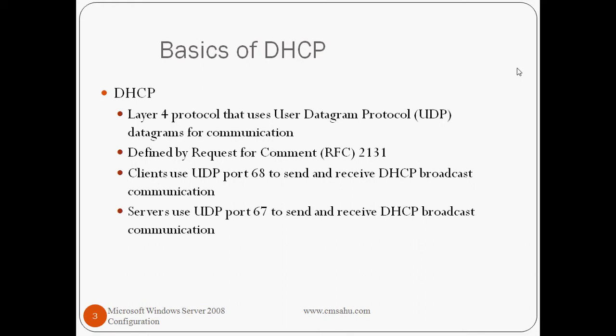So DHCP automatically assigns the IP address, but I want one IP address to be reserved for me, and when I connect to the network, it should be assigned to me only. That IP address is reserved for me, right? So for that, you reserve an IP address for a specific computer or device, so that they always have the same IP address, and also receive the most up-to-date DHCP options.